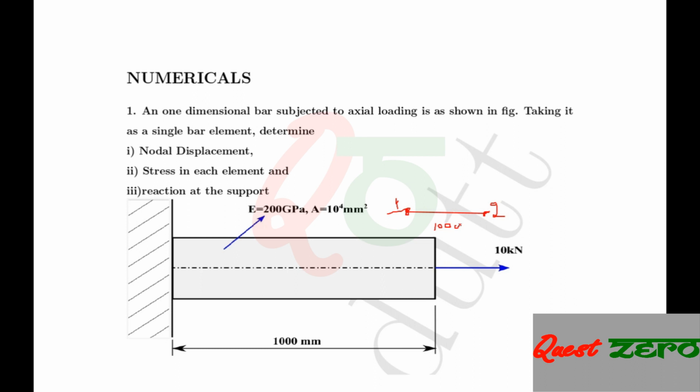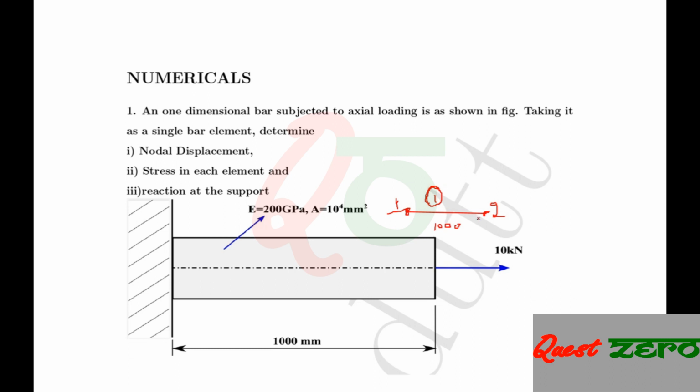The values are known. An element we represent by a number encircled, while the nodes we represent without any encircling. The other details of this element, the E value and A value, are given.